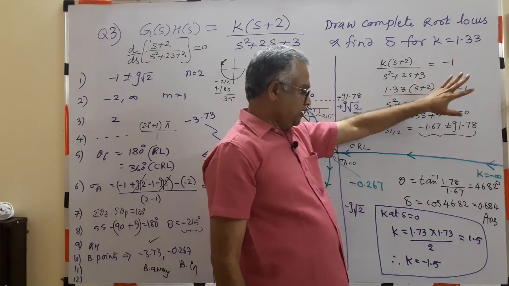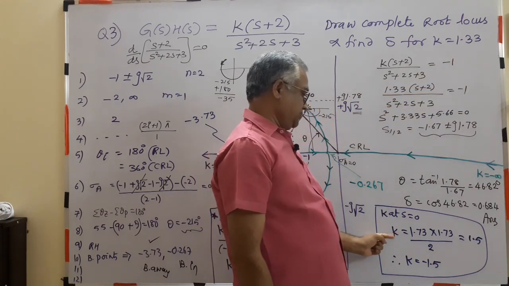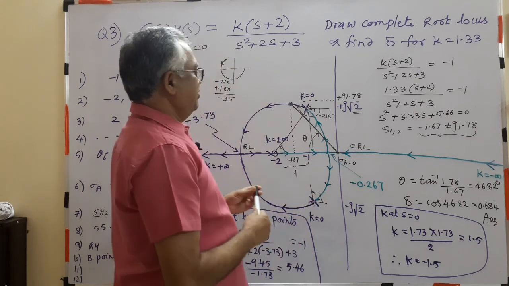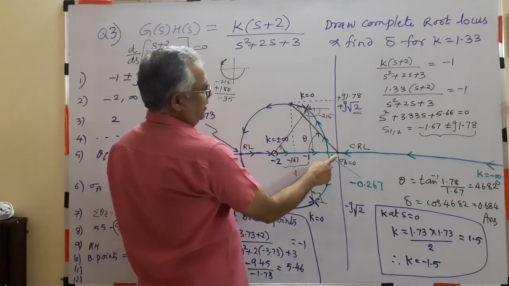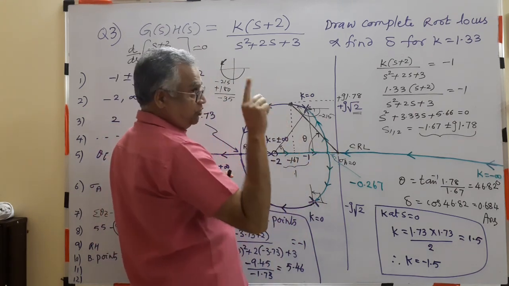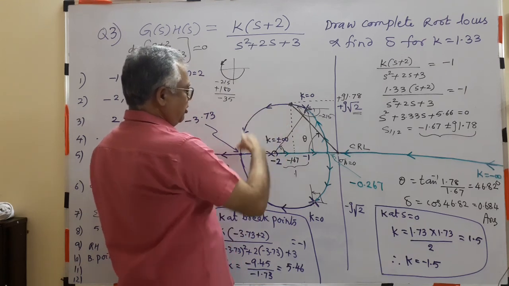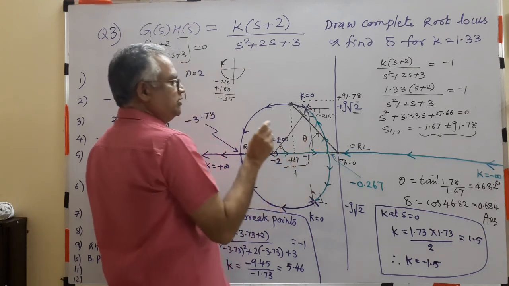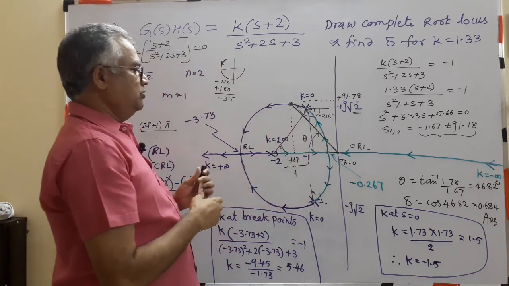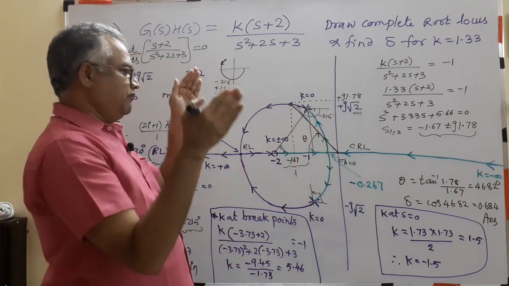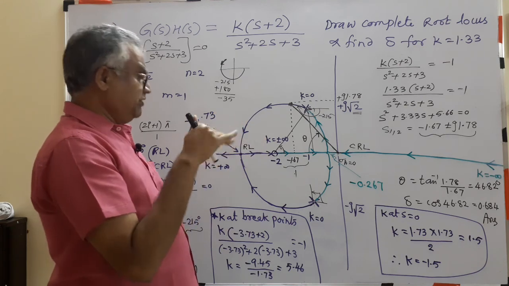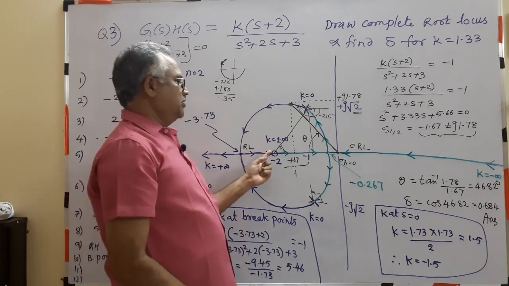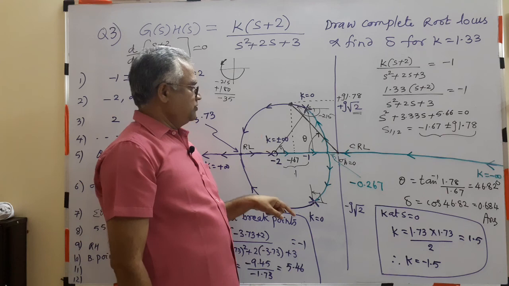We know the answer. But there is another way of finding this. What is the other way? We want to find k here. What is the rule? 12th point. Join all poles and zeros to that point. Then magnitude of k equal to product of vector lengths drawn from poles divided by product of vector lengths drawn from zeros.